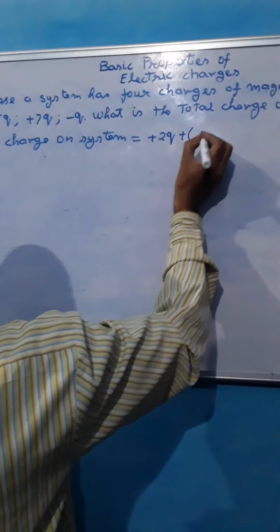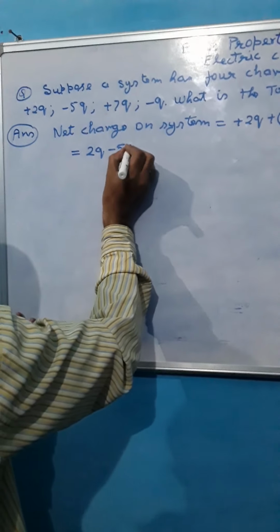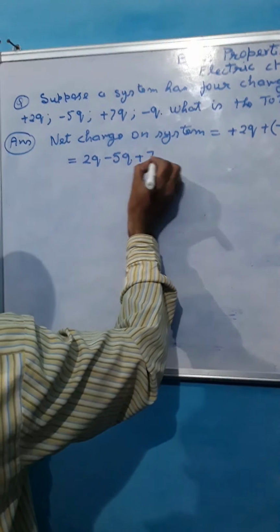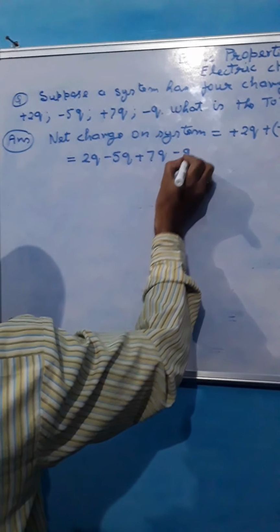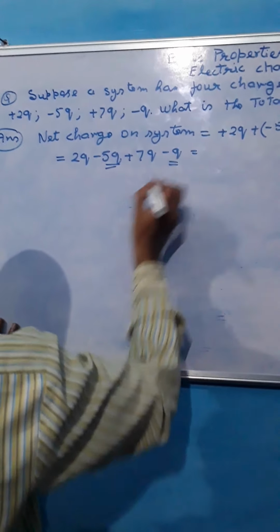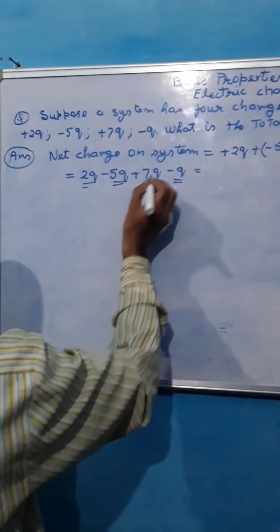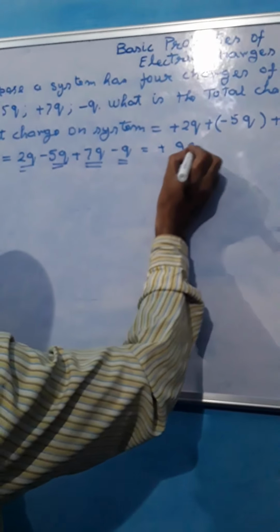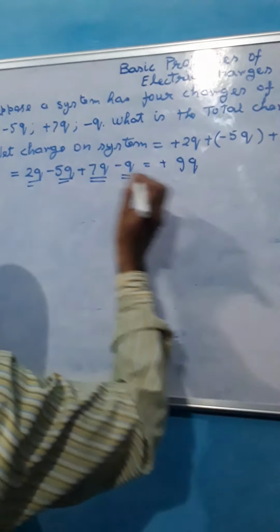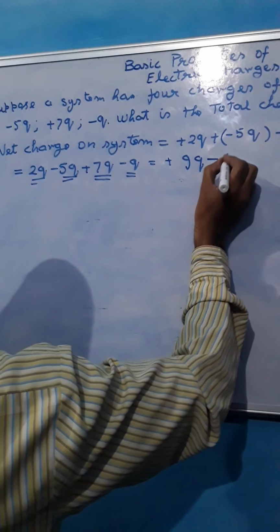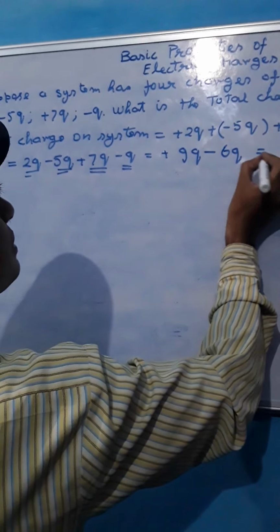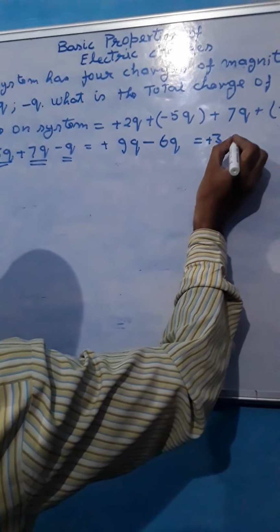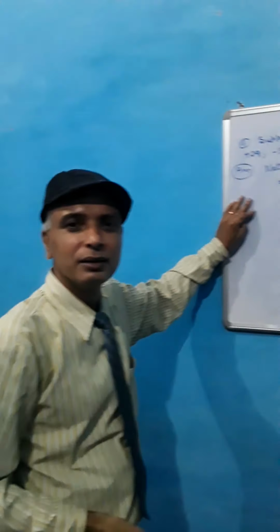Now I can write 2q minus 5q plus 7q minus q. That is plus 7q and plus 2q, which is 9q, minus 5q minus q, which is minus 6q. The answer is plus 3q. So in this way we can add electric charges algebraically.